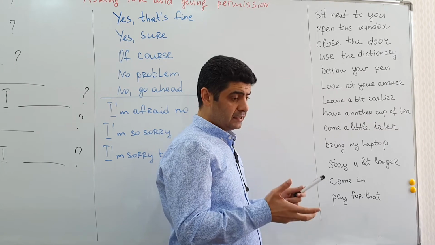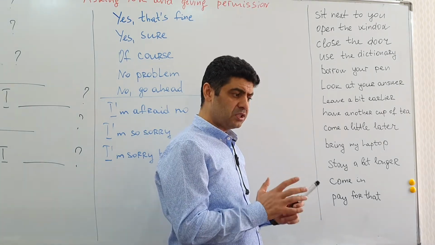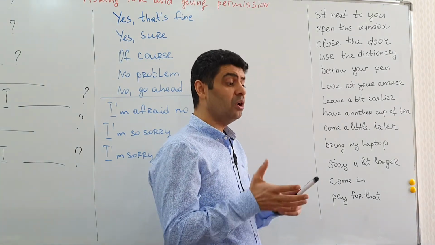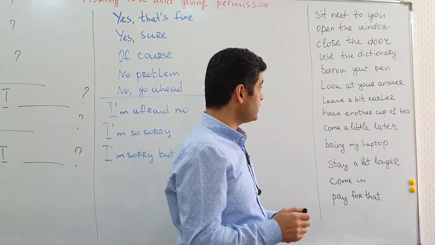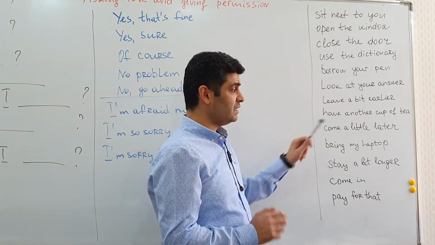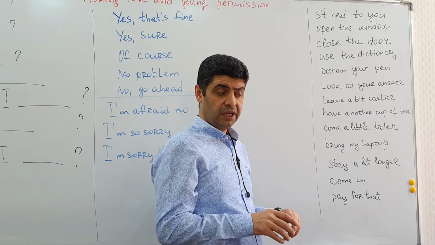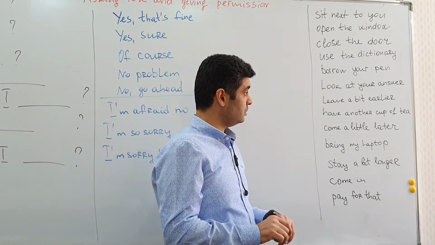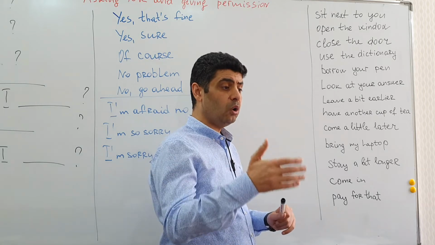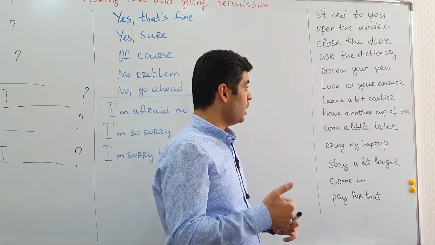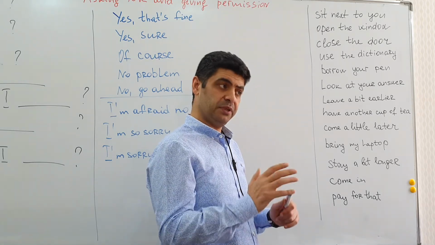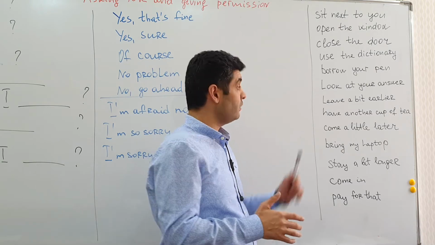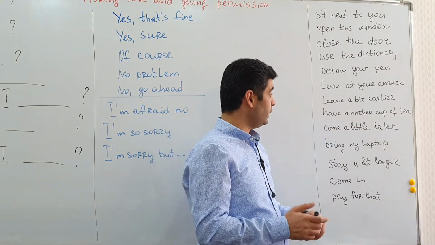Look at your answer: I don't know if my answer is right or not, so I want to look at your answer. Leave a bit earlier: I'm at work today, but I have an urgent, very important thing to do, so I want to go home a bit earlier. Usually I go at 6, but today I want to go at 5.